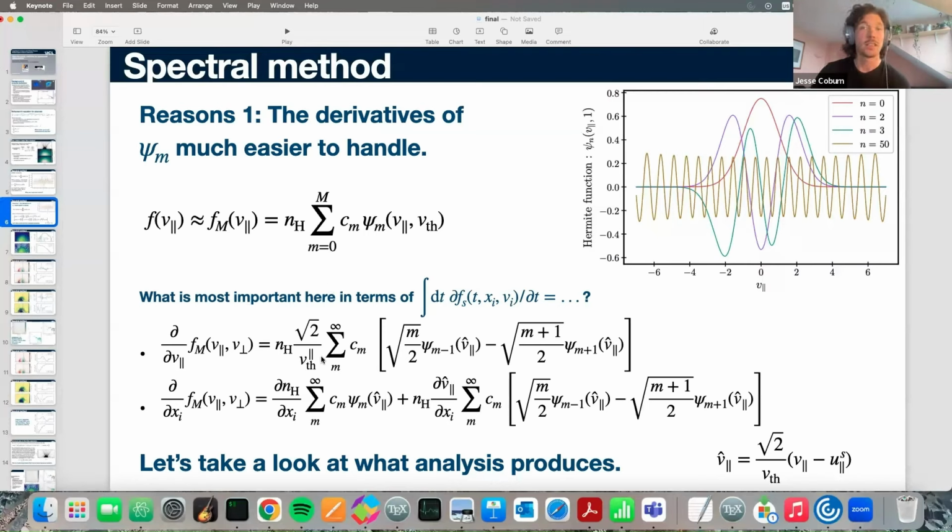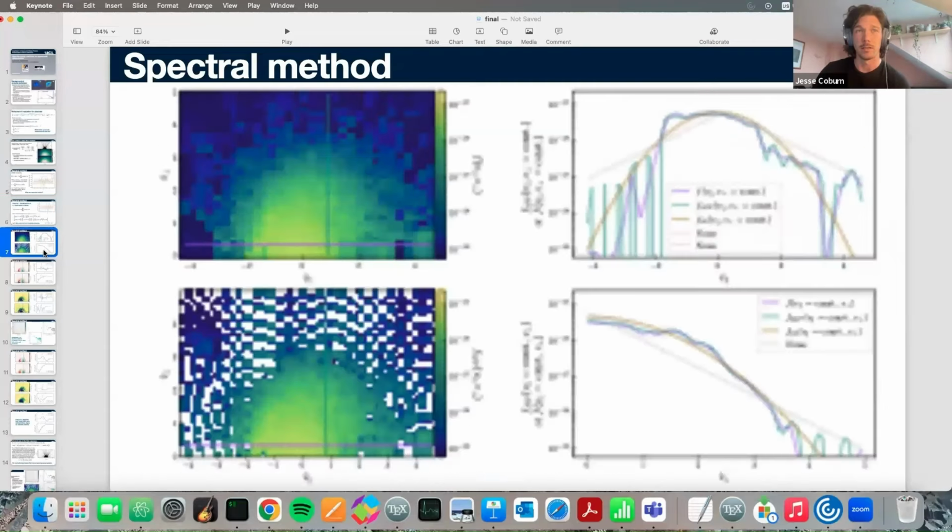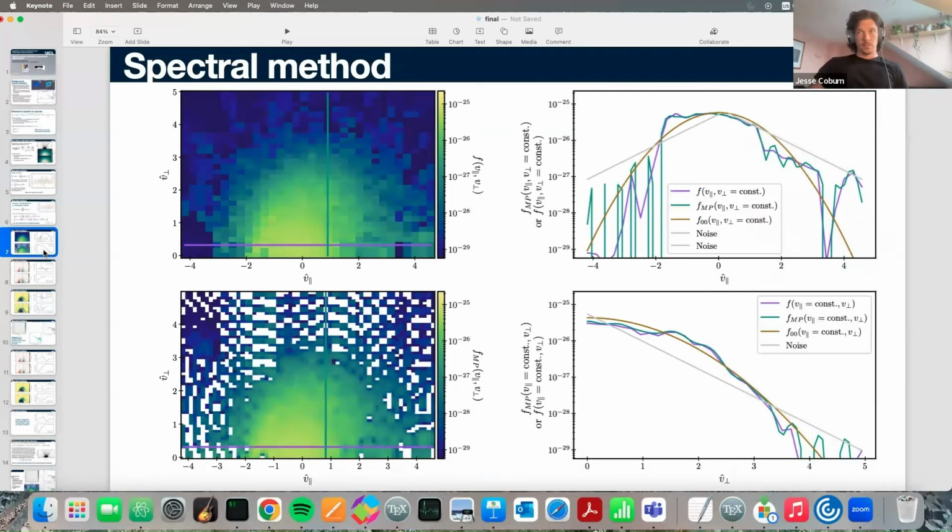So let's take a look at what the analysis looks like. I'm going to go through a good set of slides on this, using essentially the same convention. On the top, I've put the result of the interpolation. This is raw F interpolated to a new grid.